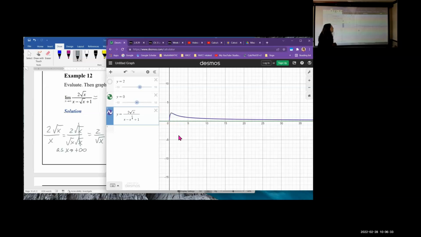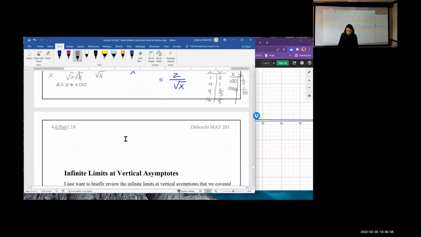It's going to take longer to go down towards 0. All right, it takes longer to get towards 0. If I made it something like 100, then it really takes a lot longer to get towards 0. All right, so the lower the degree in the denominator, the longer it takes to get to the asymptote.